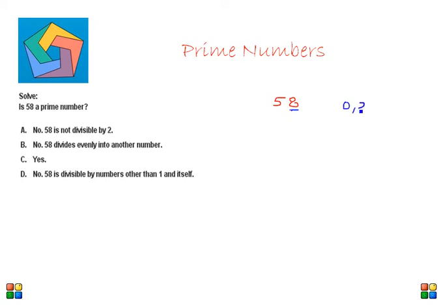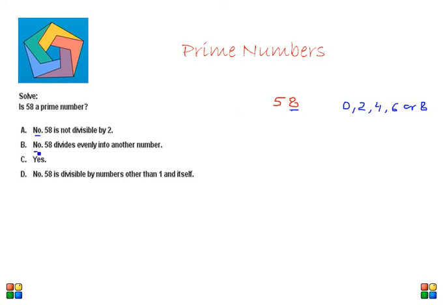The numbers ending with 0, 2, 4, 6 or 8 are all even numbers. And of course 58 is greater than 2. So according to the rule, all even numbers greater than 2 are not prime numbers. So we have the answer no.